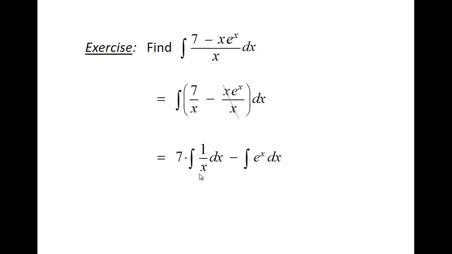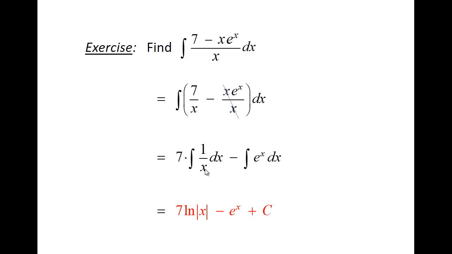Now the integral of 1 over x is, remember, ln of the absolute value of x, and the integral of e to the x is e to the x plus a c. So that's the final answer.